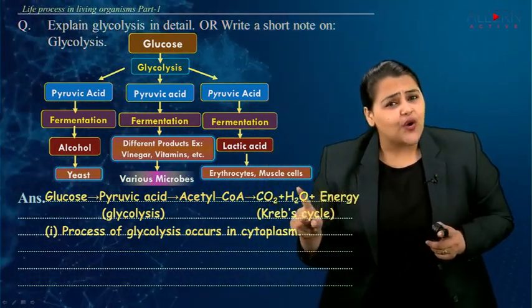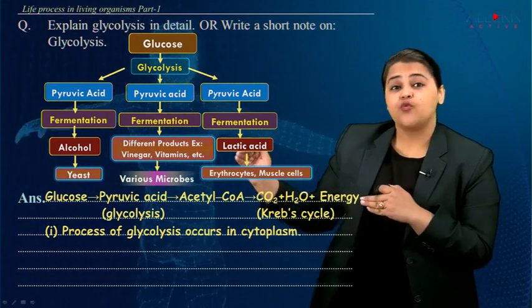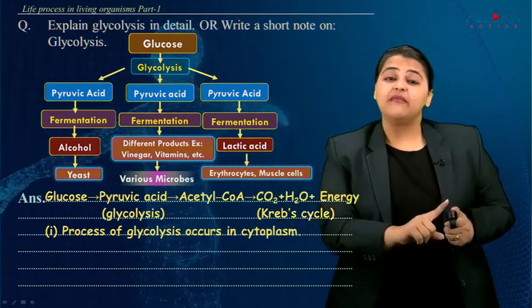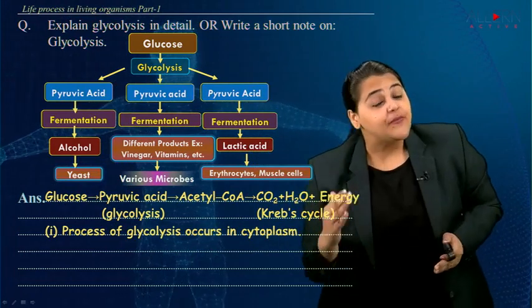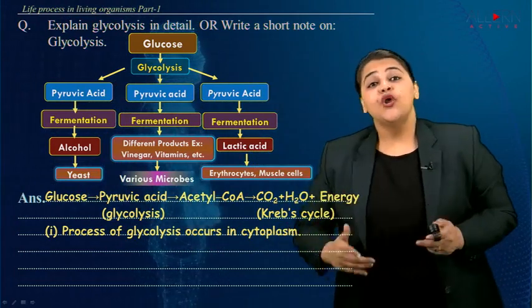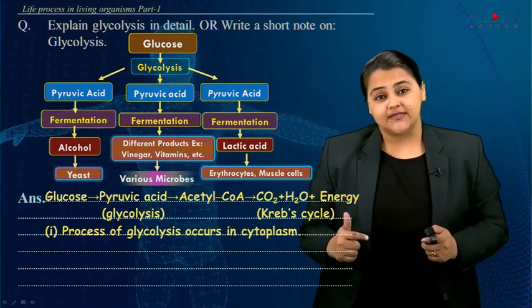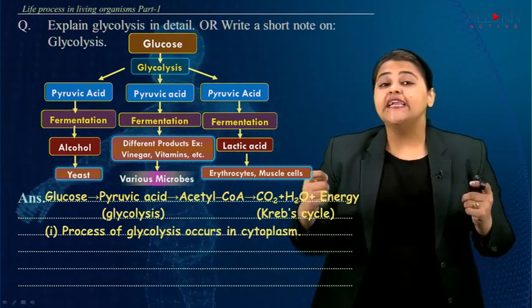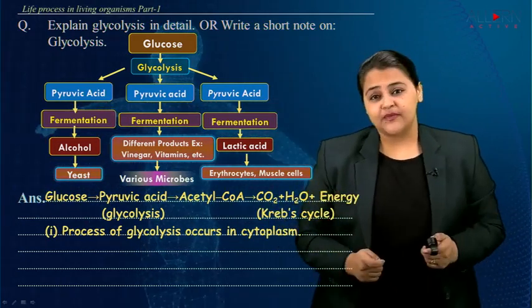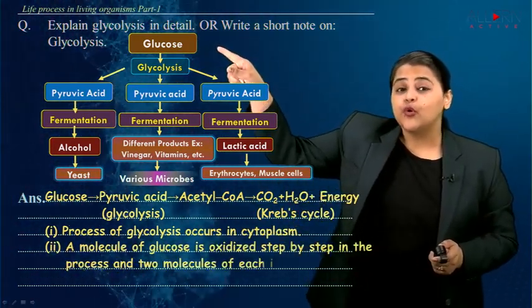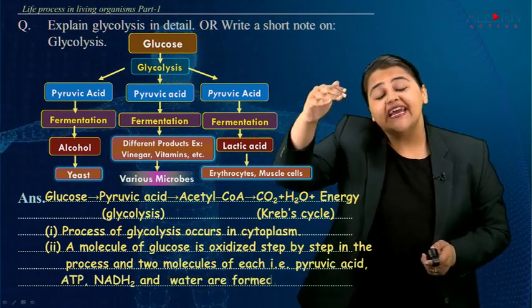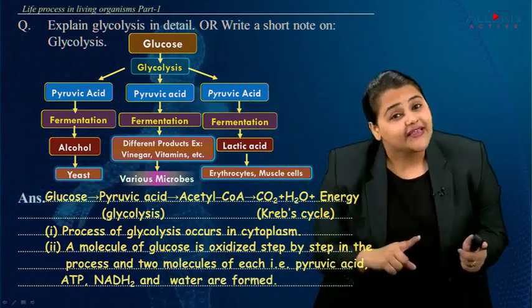It is also called the EMP pathway, and EMP means Emden, Meyerhoff and Parnas, because these three were the ones who discovered glycolysis, and that's why in their honor it is named the EMP pathway. In glycolysis, a molecule of glucose is broken down with the help of oxygen.